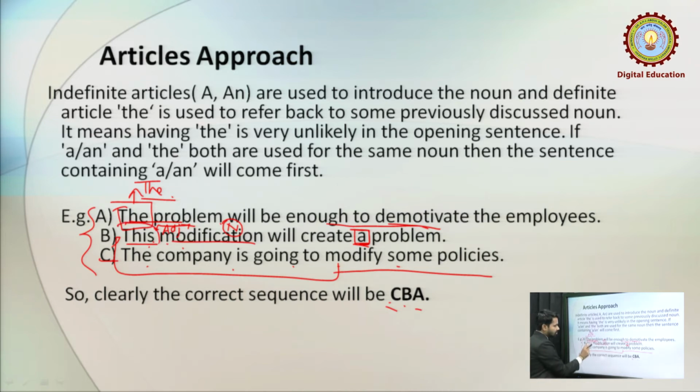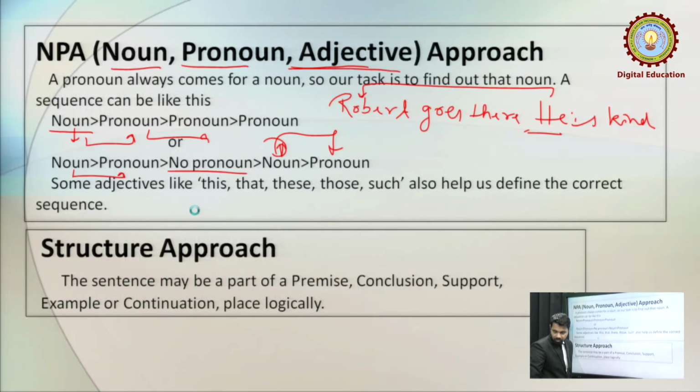This word this is qualifying modification. So this is an adjective, and if you are saying this, these, those, their, something like that, it will be used for a noun or new subject matter. So you will get a clue using those adjectives.